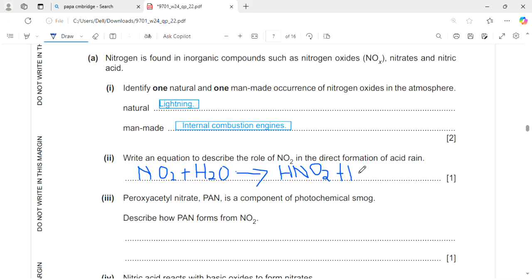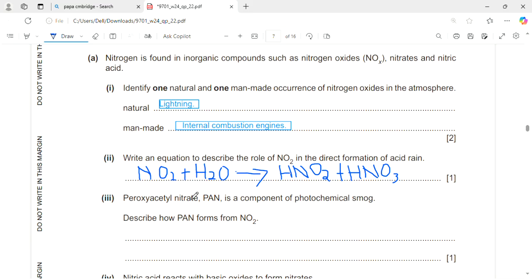But we must check the equation. The products are correct, but is the equation balanced on both sides?